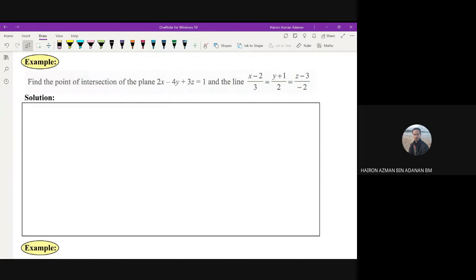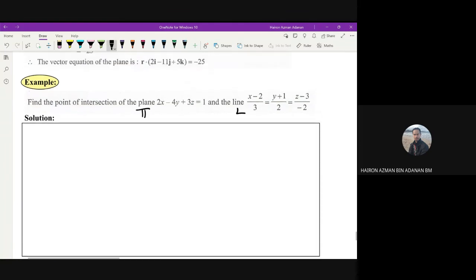Next example, find the point of intersection of the plane 2x minus 4y plus 3z equal to 1 and the line x minus 2. Okay, this is a line. This is a plane. Itu plane, itu line. How to get the point of intersection?